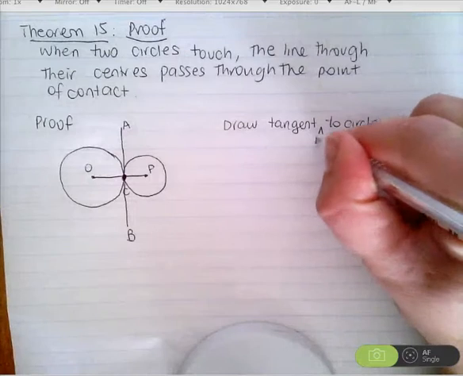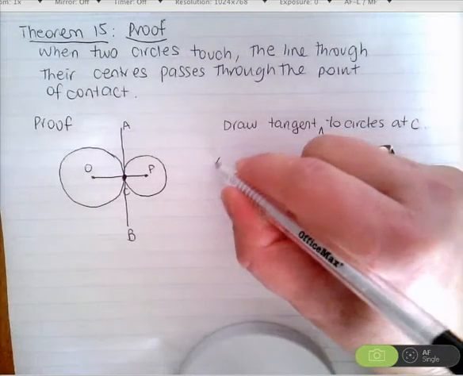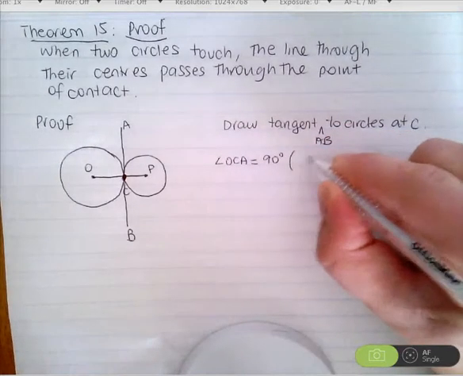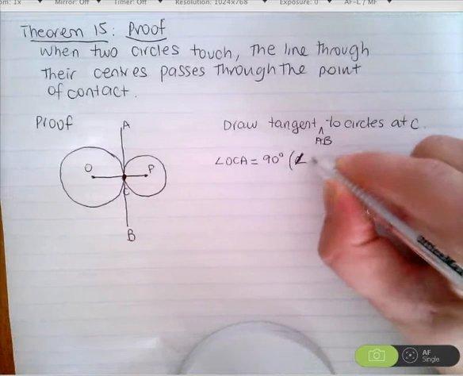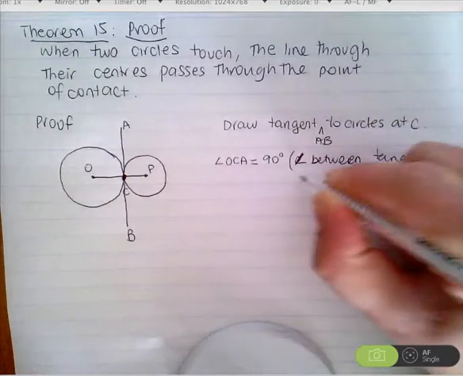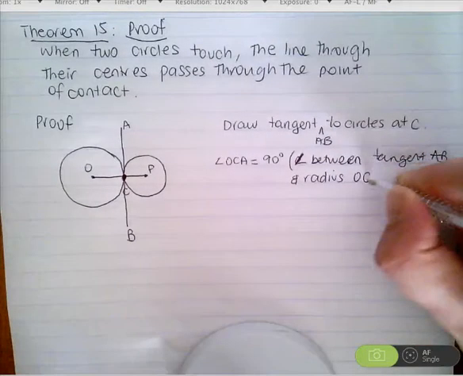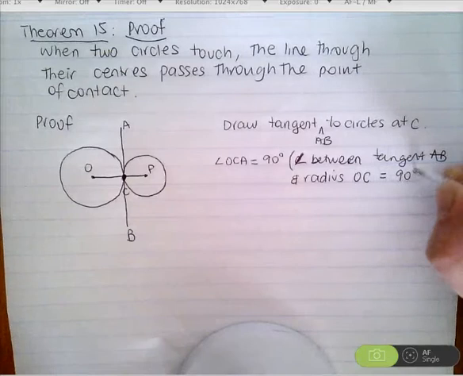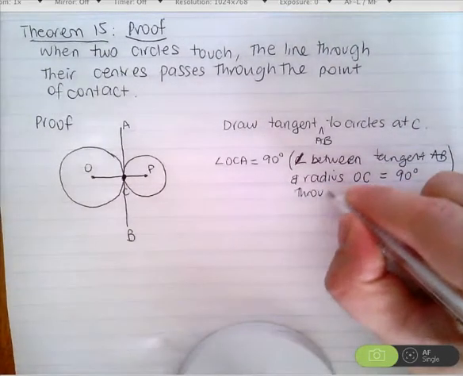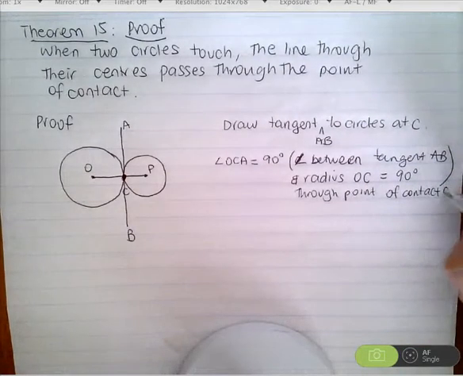So I'm going to draw tangent AB to the circles at C. So what I know is that angle OCA equals 90 degrees, reason that the angle between your tangent AB and radius OC is equal to 90 degrees, through point of contact, which is C, okay?